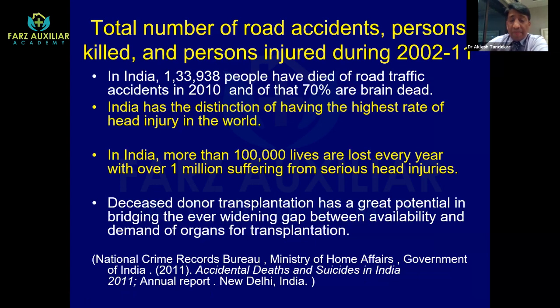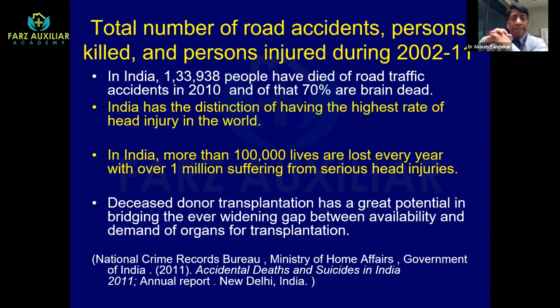That's why organ donations can be enhanced through these patients, with trauma being the likely cause of morbidity and mortality. Road traffic accidents are very high in India, and 70% of the patients become brain dead with severe or grievous injuries. And we have the highest rate of head injuries in the world.